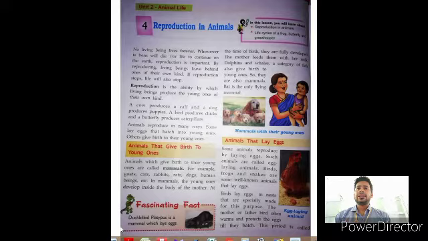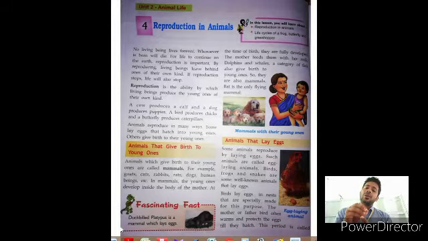Because all these animals give birth to their young ones. In mammals, the young ones develop inside the body of the mother. At the time of birth, they are fully developed. Their mother takes care of them and feeds them with her milk.